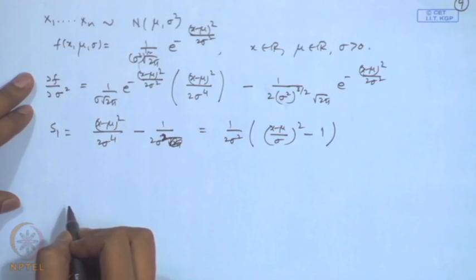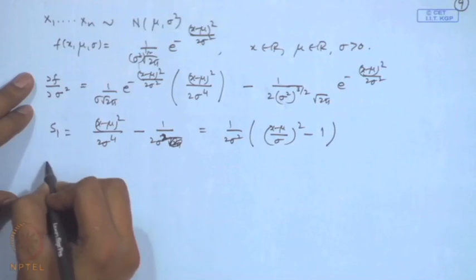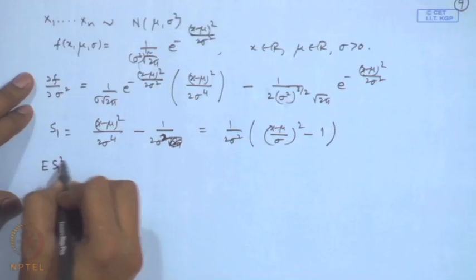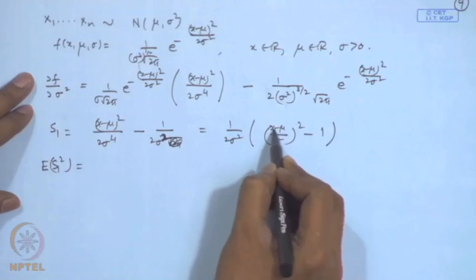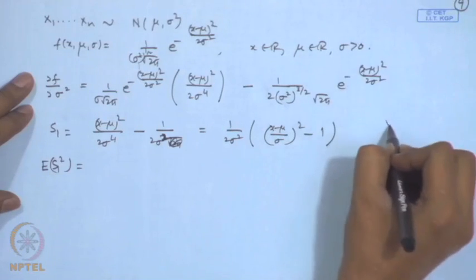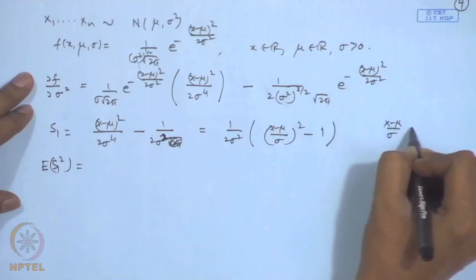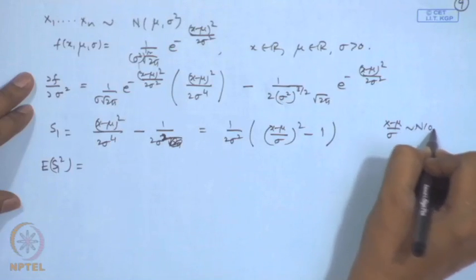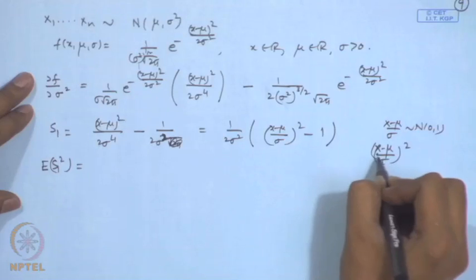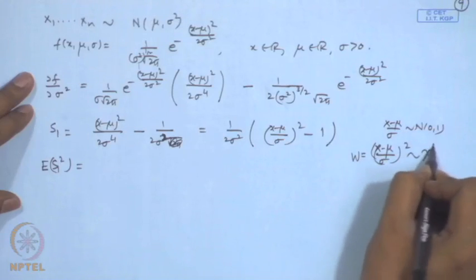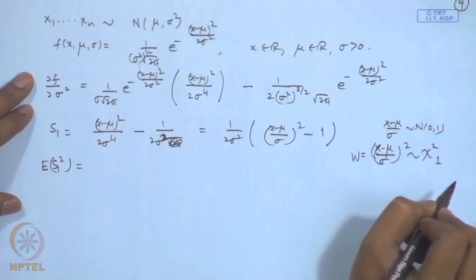Now, if I want to calculate expectation of S1 square, that will involve fourth order moment here. Of course, we may take help of the calculation that x minus mu by sigma follows normal 0, 1. So, x minus mu by sigma whole square, let me call it w, follows chi square on 1 degree of freedom.